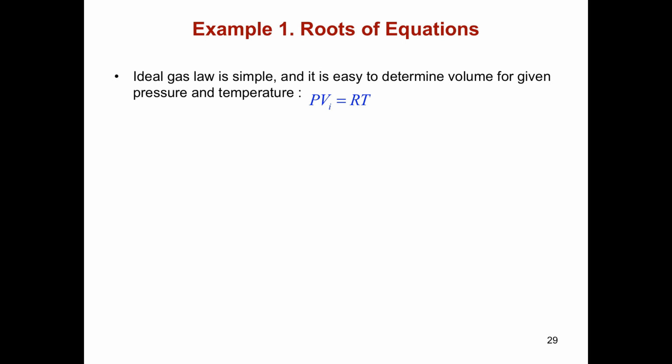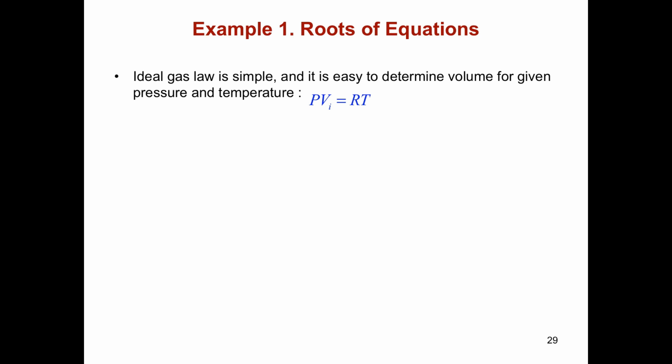Now, here's one physical equation: the ideal gas law. Given pressure P and temperature T, where R is the gas constant, I can find the volume of my gas based on this law.